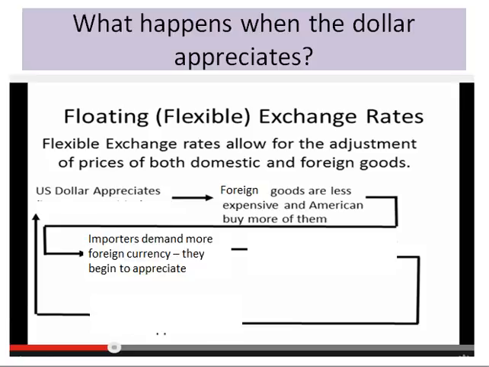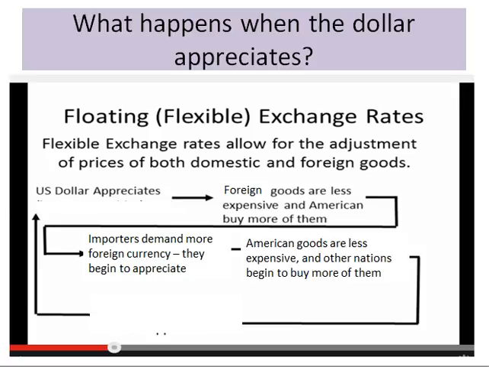As this is going on, importers demand more currency. That is, in order to purchase foreign goods, we have to convert US dollars to the different foreign currencies. And so we demand more of those currencies, and in the midterm, those currencies start to appreciate. As those foreign currencies appreciate, American goods become less expensive, and other nations are now able to afford to purchase them.